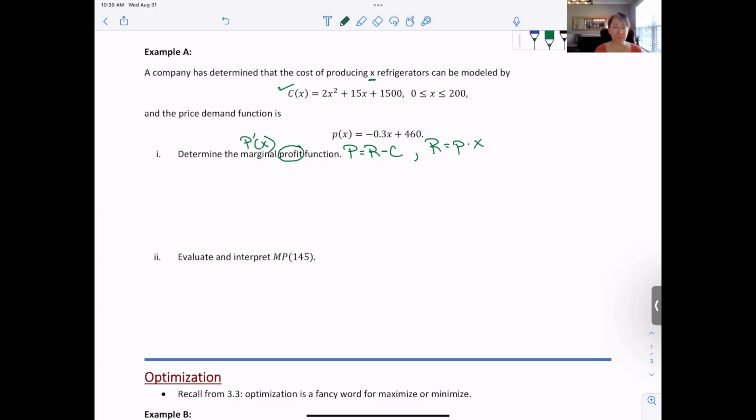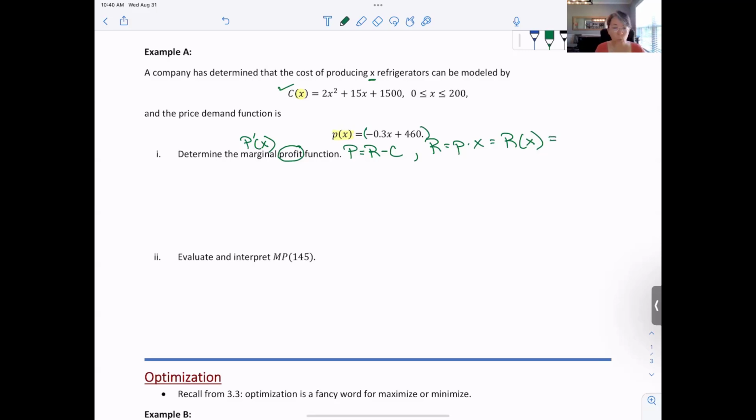So then we go, all right, because our cost function, notice up here, has it in terms of X, not price, then we want our revenue function to also be in terms of X. Because remember, we're going to combine like terms in order to get that profit function. So we need both of our input values to be in terms of X. Well, notice here, they gave us the price in terms of the quantity.